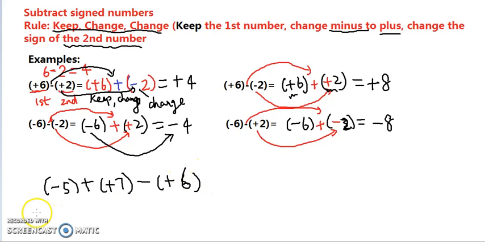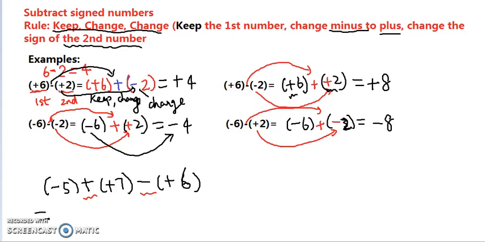Okay, so the first operation is plus, and then we have a minus here. There are 2 operations we have to do. When we have addition and subtraction, we follow the order from left to right.